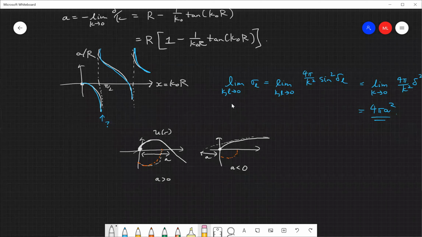And the other situation is if you have a potential barrier for scattering, right? If you have a potential barrier, if we imagine the wave function, what does that look like?